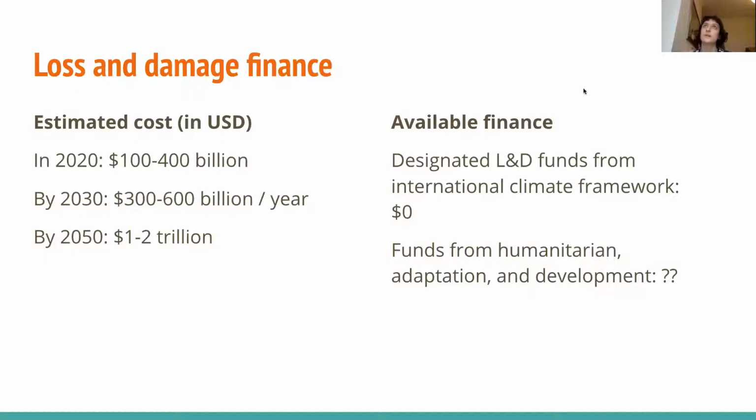So, some of the money from adaptation, humanitarian aid and development is automatically going to loss and damage. But I would not estimate that those numbers are very big, especially considering that it's likely that countries aren't meeting the $100 billion annual flow of climate finance that they promised to channel from developed countries to developing countries by last year.